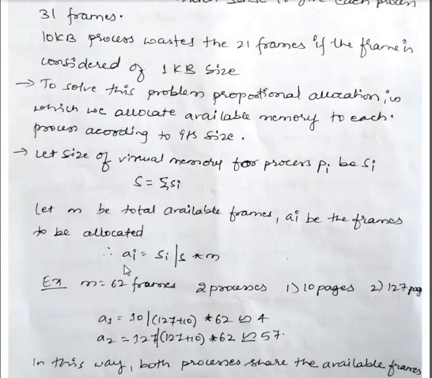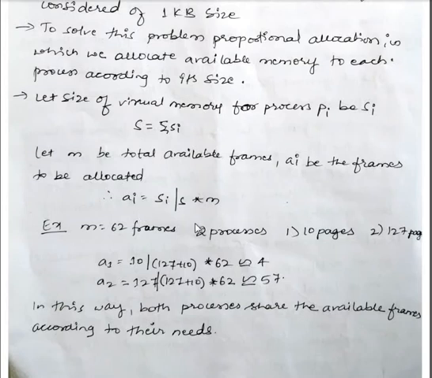We have an equation: a_i, the number of frames required by that process, is equal to s_i, the requirement of that particular process, divided by S, the summation of all the processes' requirements, multiplied by m, where m is the number of free frames. S is given by the summation of the requirements of all the processes. Now let us see one example and find out how we do this proportional allocation.